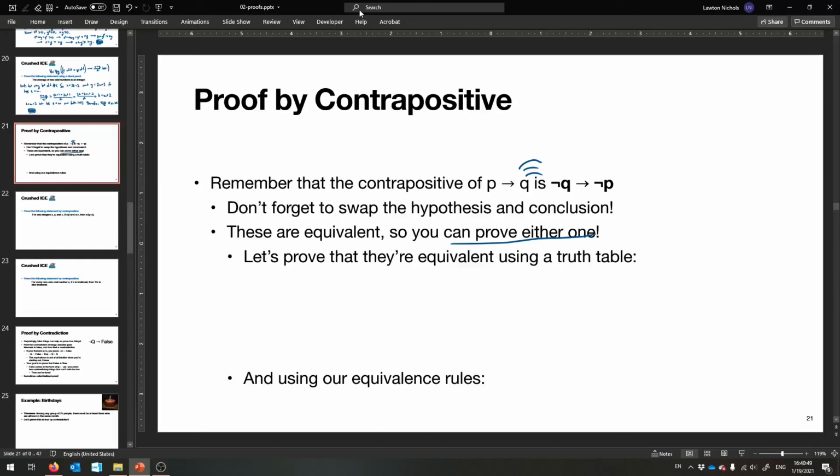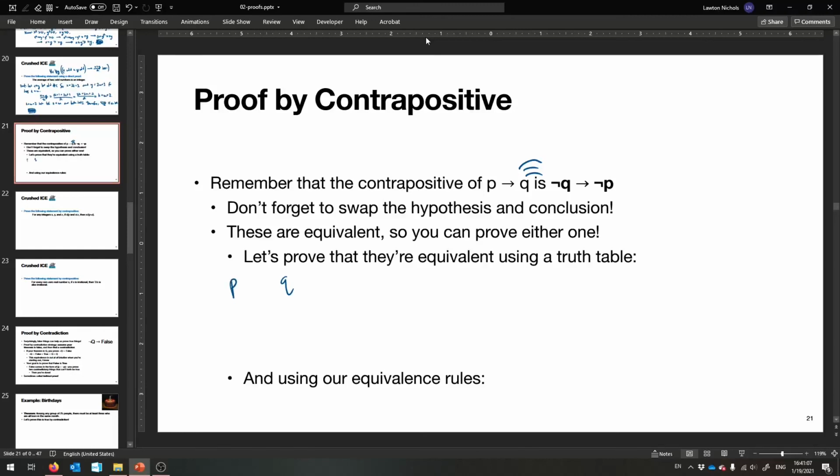So let's just remind ourselves why they're equivalent using a truth table. Let's see here. So the truth table is probably the harder way. I'll show you a very easy way to prove this using our equivalence rules. Okay, so P implies Q and not Q implies not P. So let me make our truth table for that.